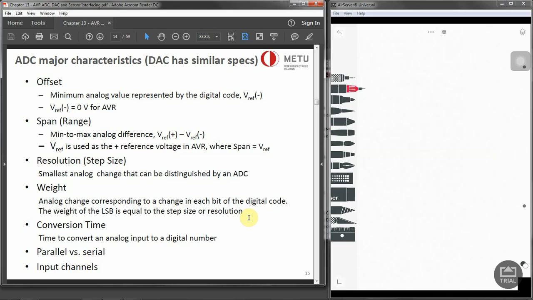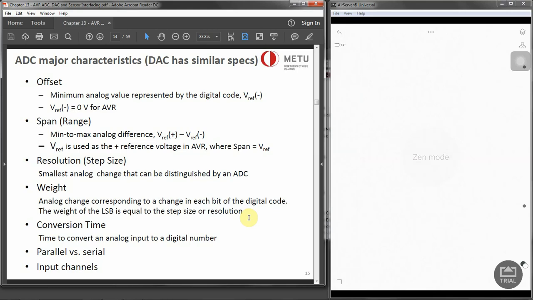If the analog input range needs to be 0 to 4 volts, Vref is connected to 4 volts. That will give us, for an 8-bit ADC, 4 volts divided by 256, which is 15.62 millivolts for the step size. I can give a couple of examples related to that as well.